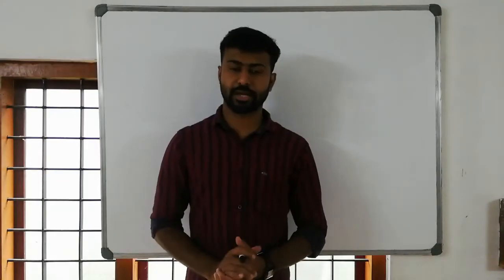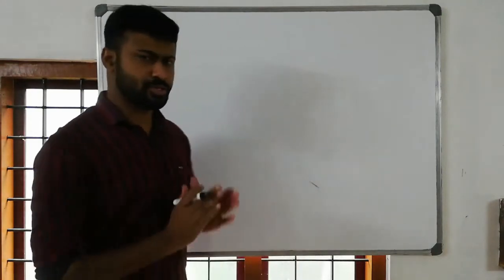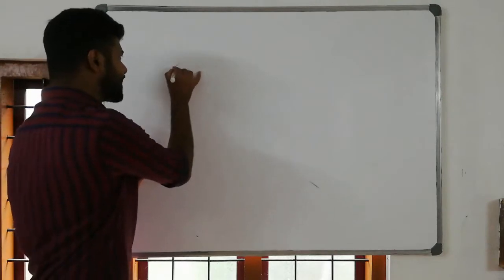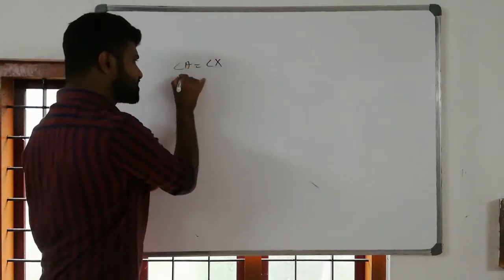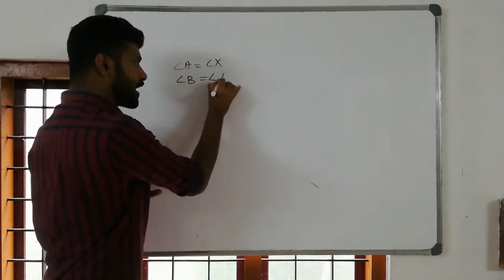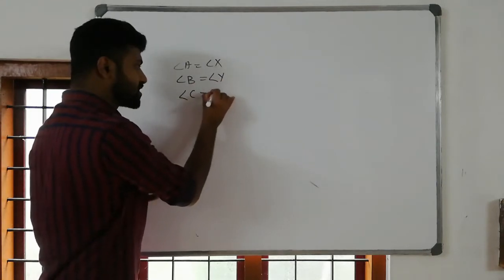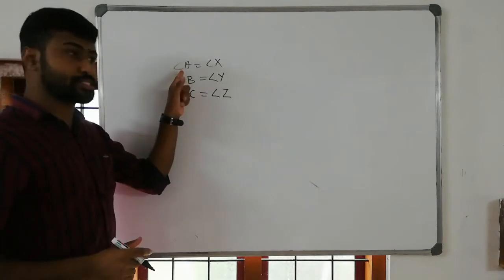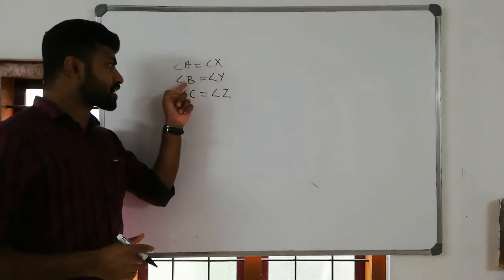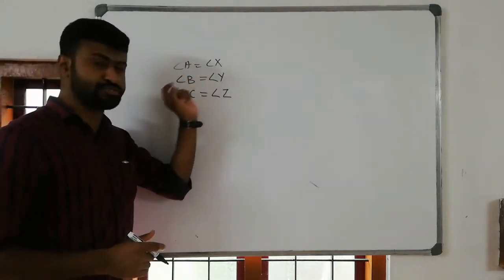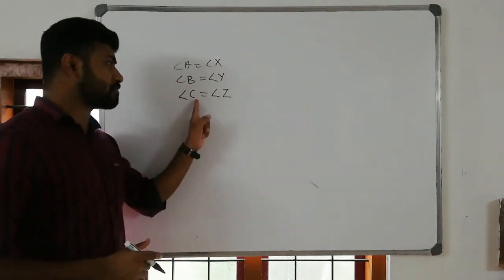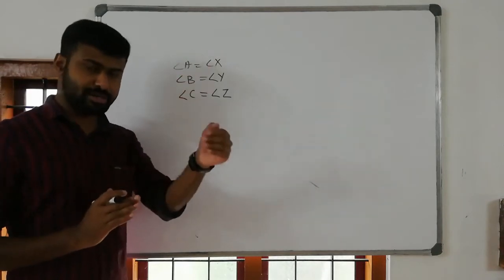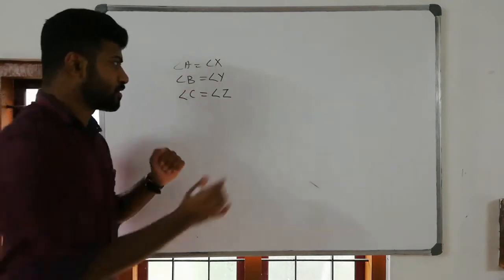Next, an important one. If triangle ABC and triangle XYZ are similar and angle A equal to angle X, angle B equal to angle Y and angle C equal to angle Z, then the corresponding vertex of A is X, the corresponding vertex of B is Y and the corresponding vertex of C is Z. So when you write the name, the name should be in the same order.